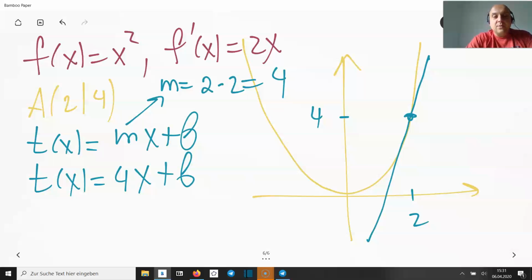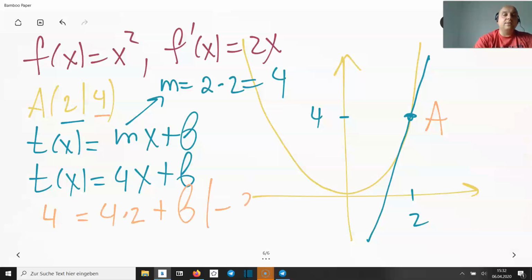And how can we compute the value of b? Well, we put 2 for x into our tangent line equation and 4 for y. Obviously, we go through this point A, so not only the graph, but also the tangent line goes through it. So 4 is equal to 4 times 2 plus b. We have to subtract 8. b is equal to minus 4. t of x is equal to 4x minus 4.